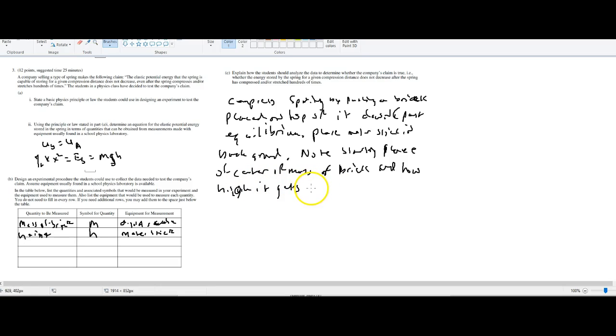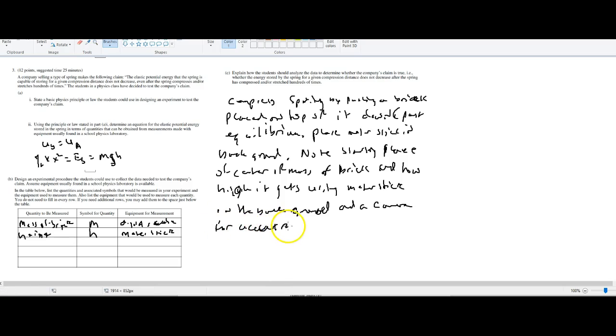And how high it gets, using the meter stick in the background and a camera.